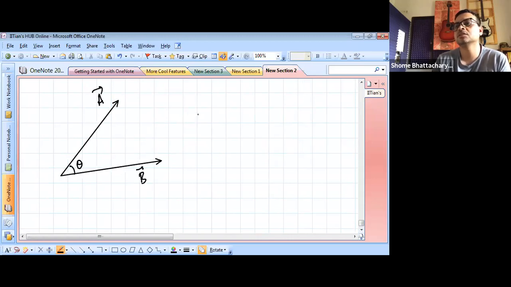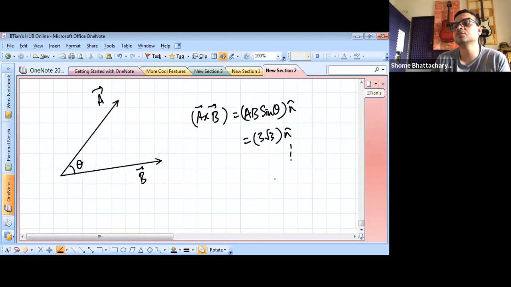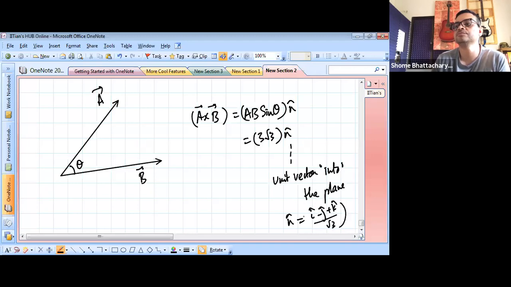You can see that A cross B is equal to AB sine theta into n cap, where this was that 3 root 3, its magnitude, into n cap, where n cap was the unit vector into the plane. And that unit vector we just saw, it was i cap minus j cap plus k cap, whole thing by root 3. That was that unit vector n cap.